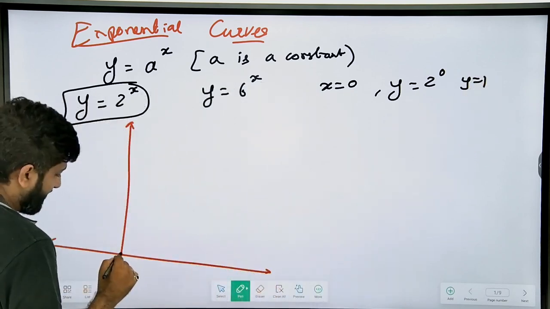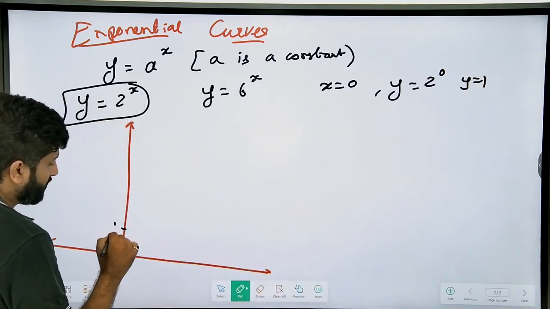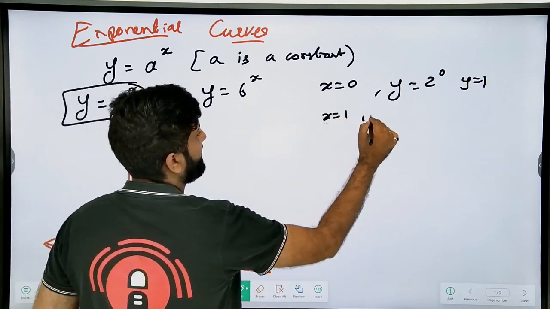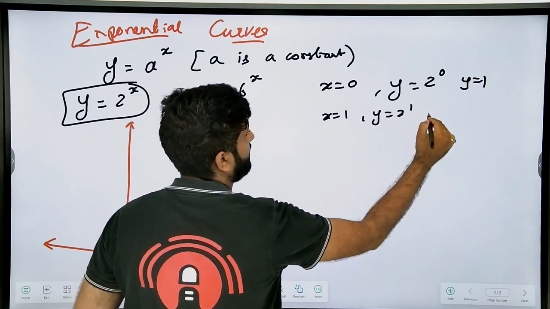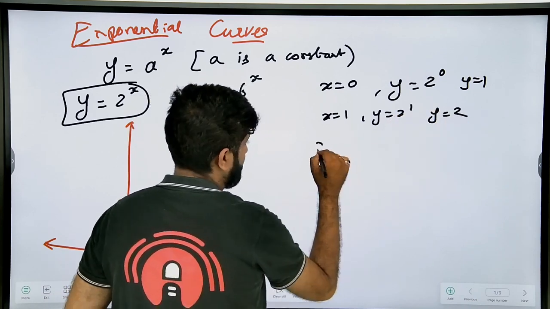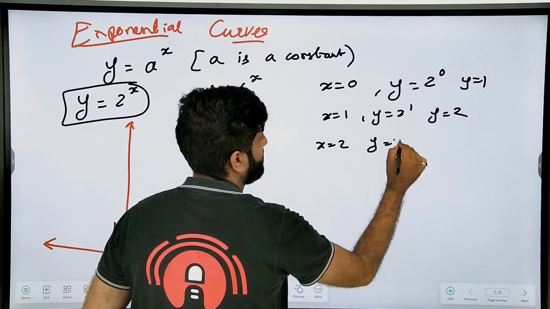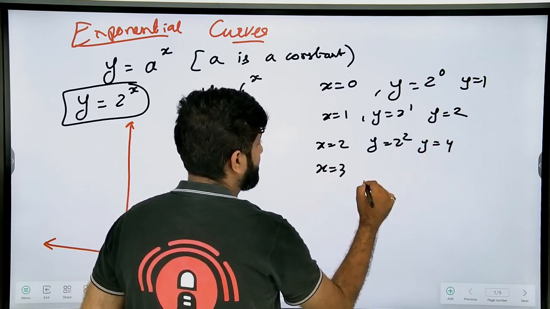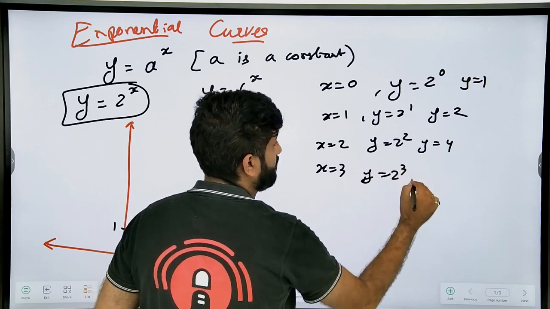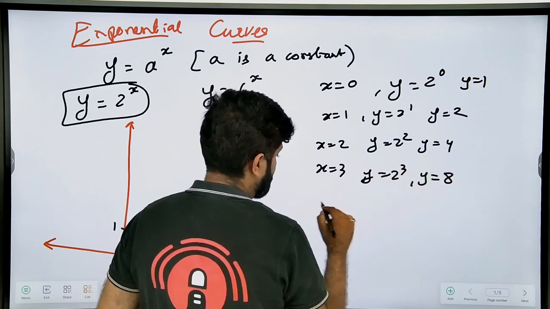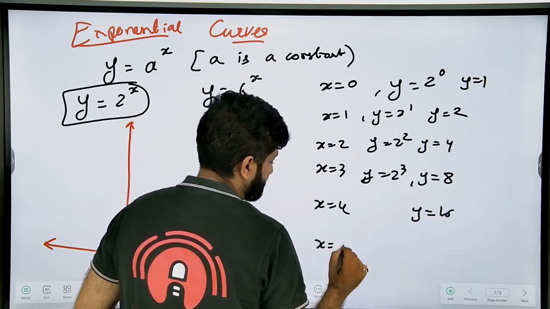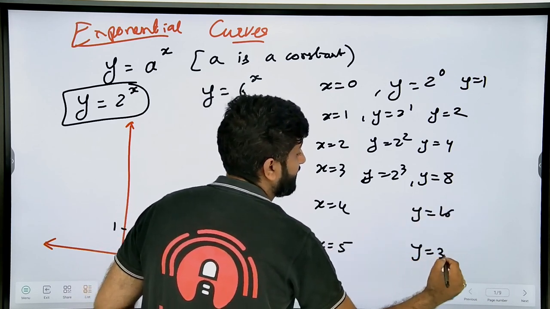So when x is 0, the value of y is 1, right? Now when x is 1, y is going to be 2 raised to 1, that is 2. When x is 2, y is going to be 2 square, that is 4. When x is 3, y is going to be 2 cube, that is 8. Similarly, x is 4, y is going to be 16. X is 5, y is going to be 32.